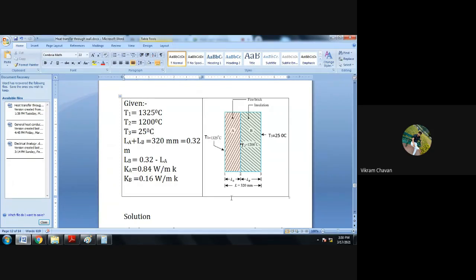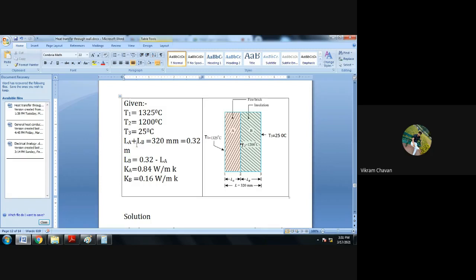Now, the complete reactor wall thickness is provided as 320 mm. The thickness of the fire brick wall and the thickness of the insulating wall are there, and the addition of these two wall thicknesses will be equal to 320.